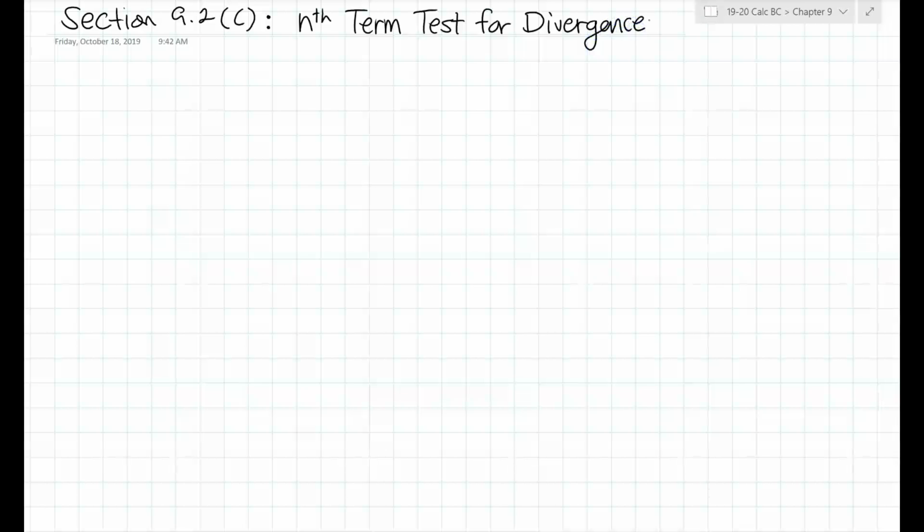I'm going to write down a couple of theorems. They're not too long, but let me write them down, then we'll talk about them. So theorem 9.8, this is called the limit of the nth term of a convergent series.